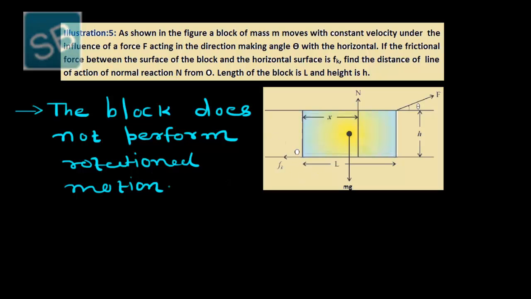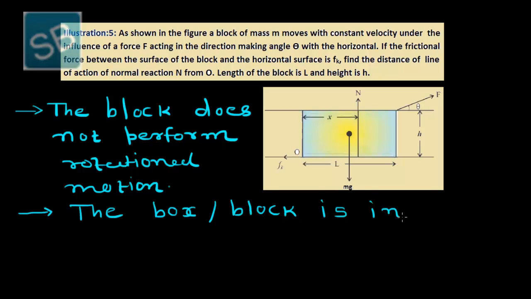The disadvantage is we have to find out the value of force for each and every particle of this box, and the other advantage is that this box is said to be in rotational equilibrium.